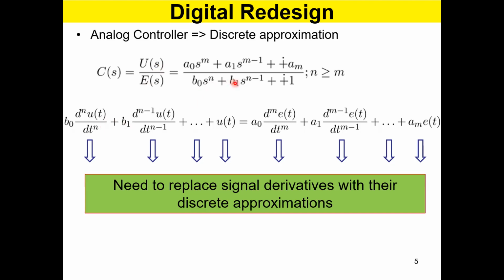And then you have b1 s to the n minus 1, which means (n minus 1)th derivative of u(t) multiplied by b1, and so on, right? On the right hand side also you see error times a0 s to the m, which means mth derivative d^m e(t) over dt^m, mth derivative of the error e(t) multiplied by a0, goes like that.